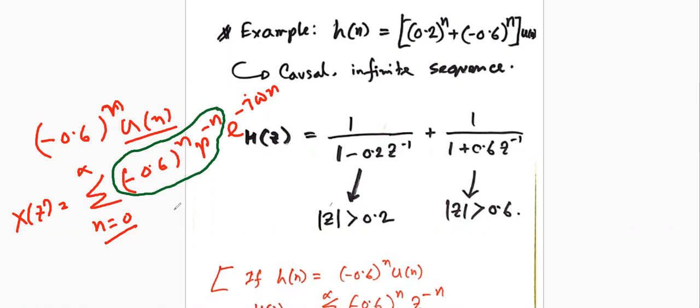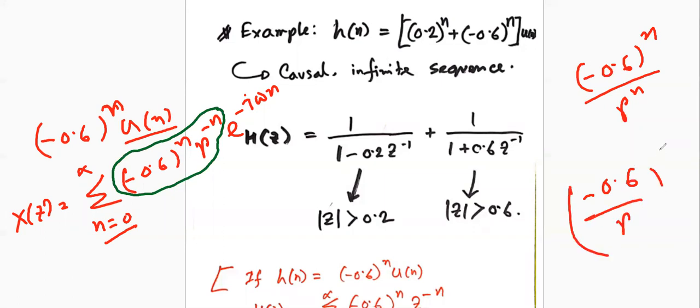So we can write it as I have already mentioned here. We can write minus 0.6 whole to the power n divided by r to the power n, and that should be less than 1. Which one should be less than 1? Minus 0.6 divided by r whole to the power n. So this part should be less than 1.